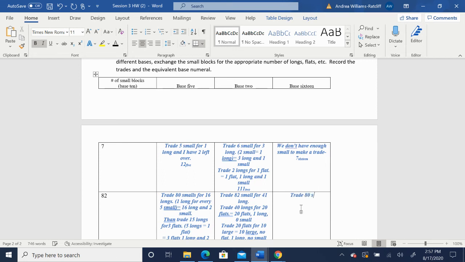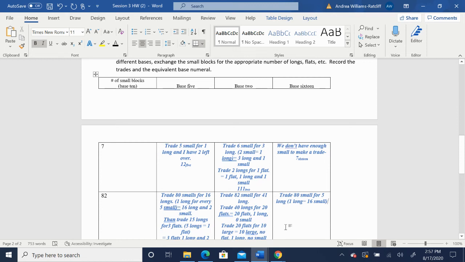I'm going to trade 80 small for 5 long. That's 1 long for every 16 small. And it's okay if you are not comfortable with taking them out like I do. You can pull 16 at a time and see how many run out.